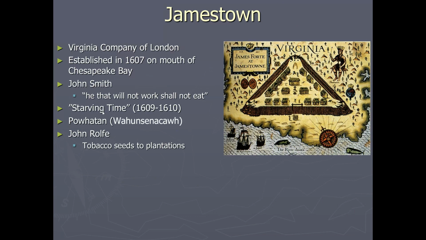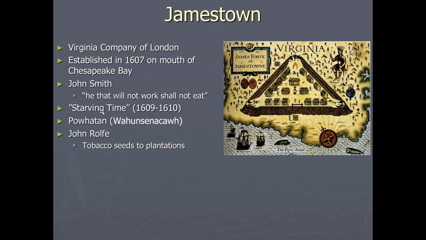All right, and so Jamestown is established in 1607. It is the first successful, permanent colony established in America. It was actually taken over by a guy by the name of John Smith. When they came and they couldn't find any gold, they had reluctantly not grown any crops.